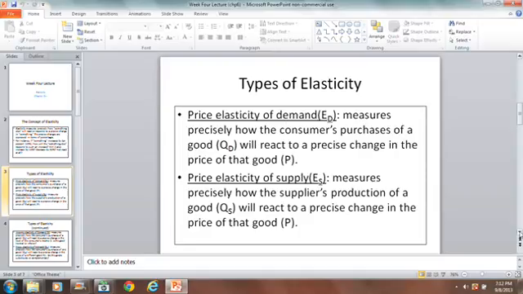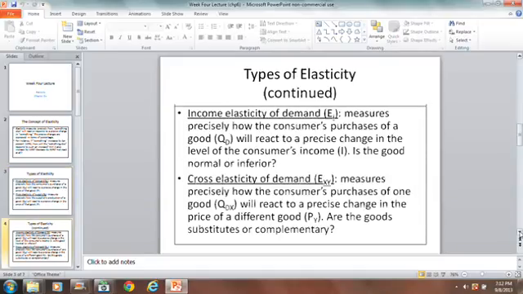The other 2 types of elasticity that are reflected in this chapter: the third one is called income elasticity of demand. And as the name suggests, this one is related to demand theory in chapter 3. Because in chapter 3, as we were looking at demand determinants, we found that how income affected demand depended on whether the good was normal or inferior.